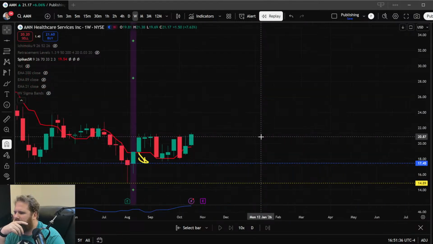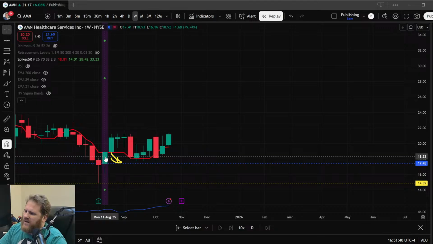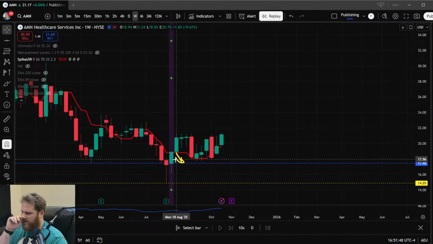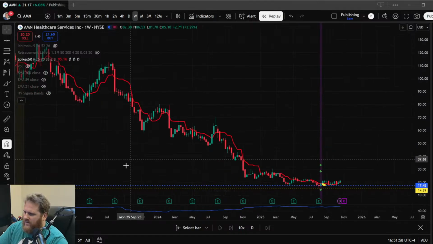I wonder when we looked at this. I guess this is a weekly, so we were probably looking at this a couple of weeks ago, back when I was talking about wanting to buy healthcare. And I am remiss that I seem to have missed this optimal 18.04 entry.